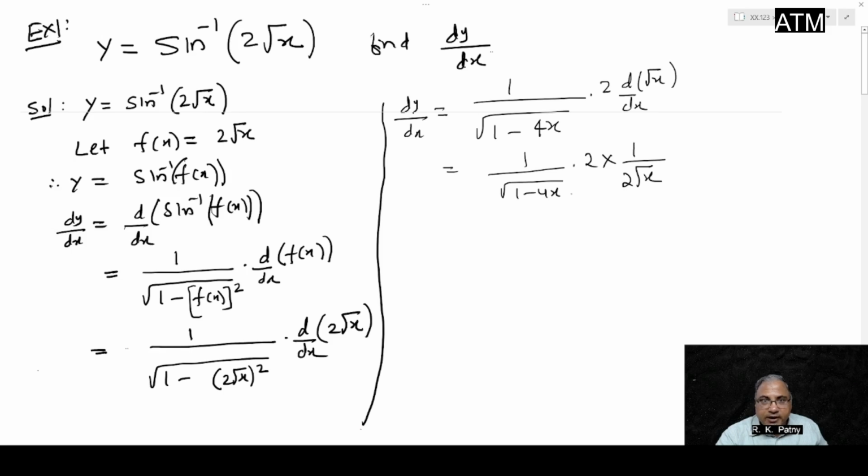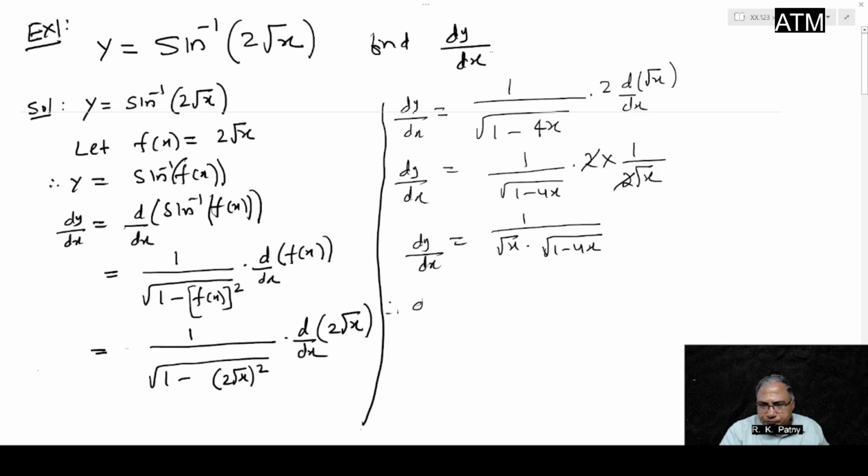Remember it. Now 2 gets cancelled. Dy by dx equals 1 upon root x into 1 minus 4x, both are under root. 1 upon root x into under root of 1 minus 4x.